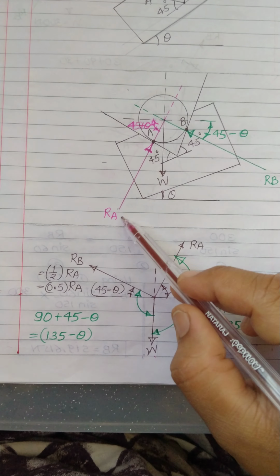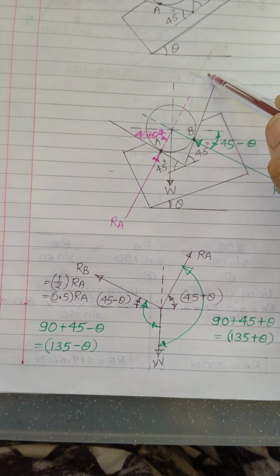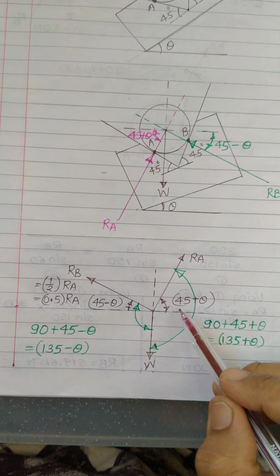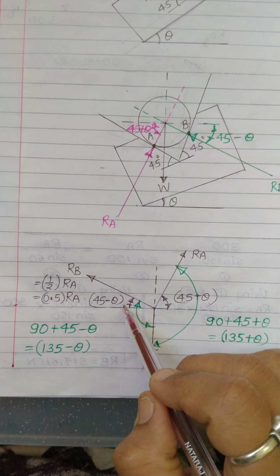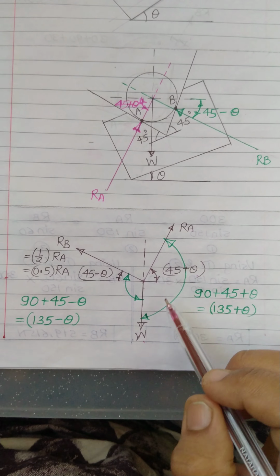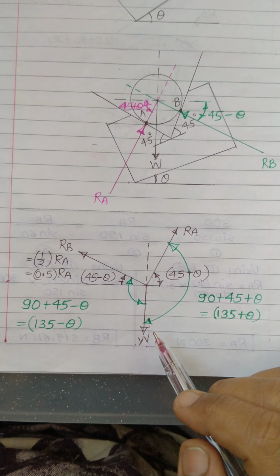Now I will extend this RA into the next quadrant to make it pull by using the principle of transmissibility of force. So this will be RA, angle is 45 plus theta. Similarly RB, angle is 45 minus theta. Now again calculate the angle between two forces. Here our purpose is just to find angle theta.